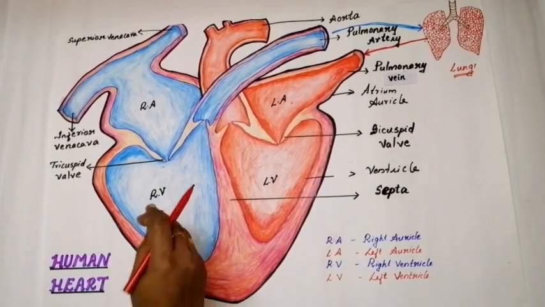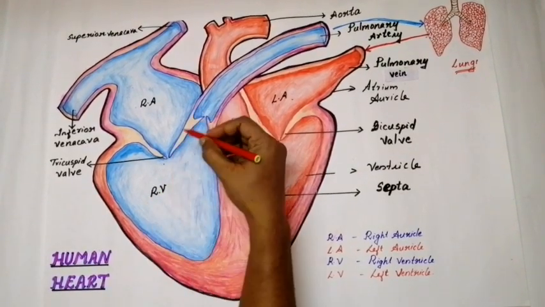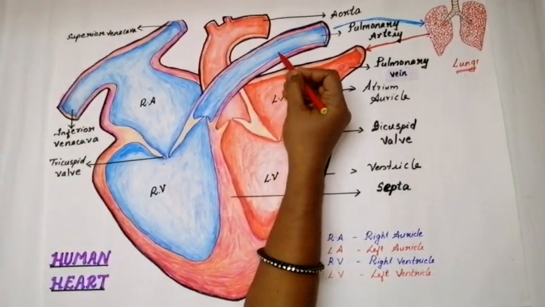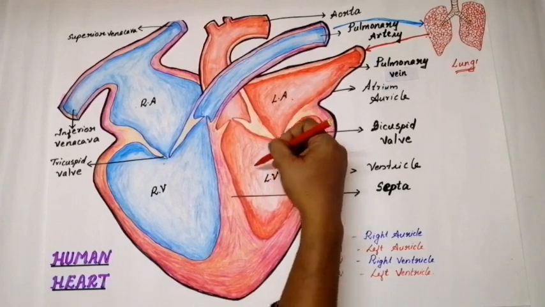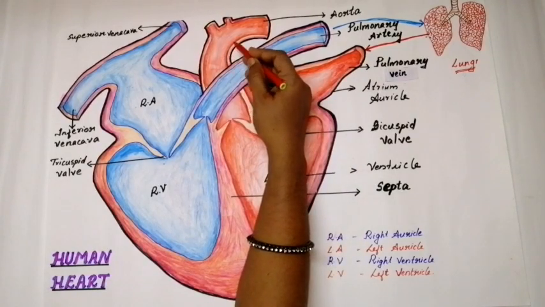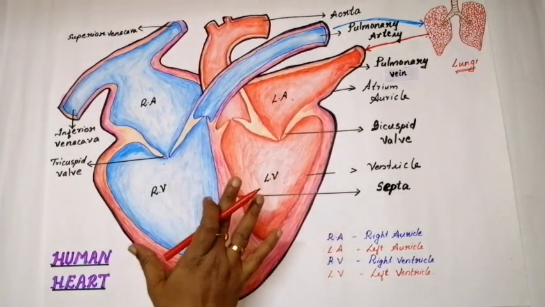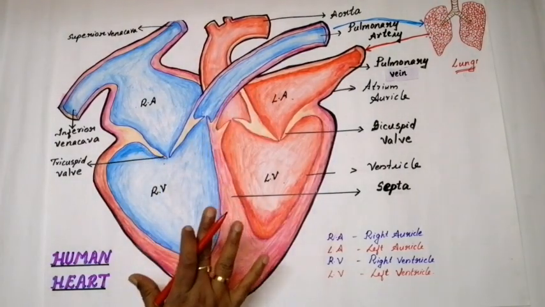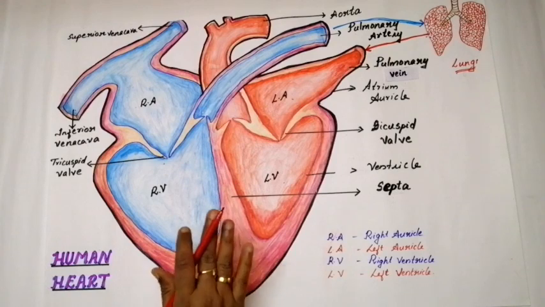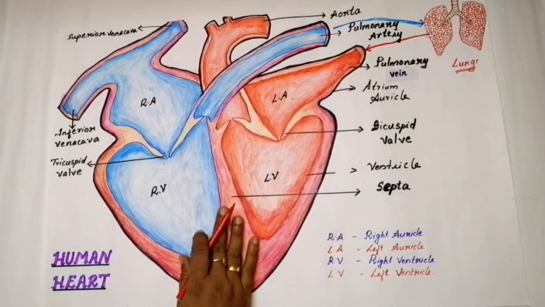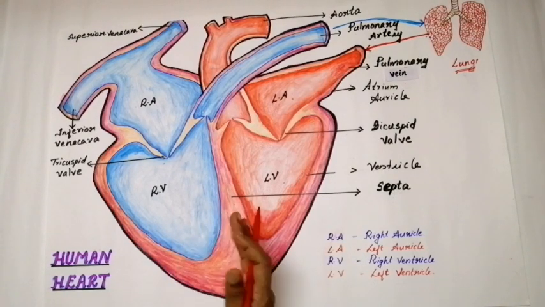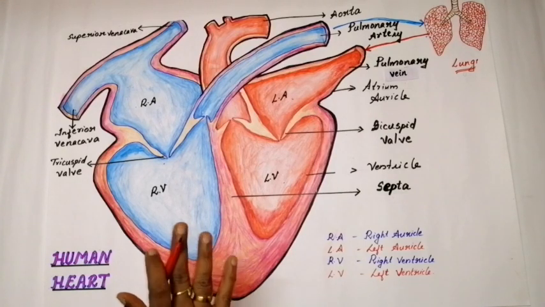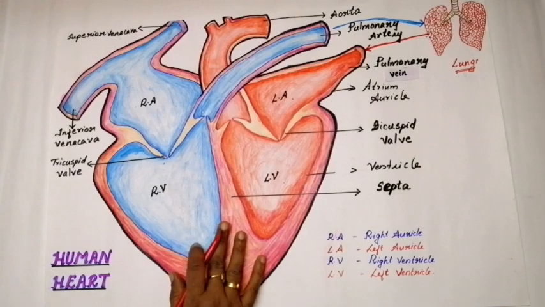Now the impure blood from the right ventricle is pumped to the pulmonary artery, and the pure blood from the left ventricle is pumped to the aorta, and the heart muscles will relax now. So these many events take place during a heartbeat. A healthy heart beats 72 times in a minute.